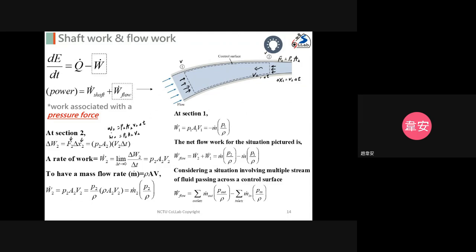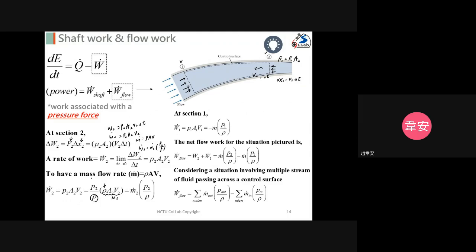And if we take a look, we know that the mass flow rate is equal to rho A V, right? So we just put the density here, and also divide by the density outside, so we can have the mass flow rate parameter in here. So finally, we know that the W rate 2 is equal to the mass rate 2, P2 divided by rho.